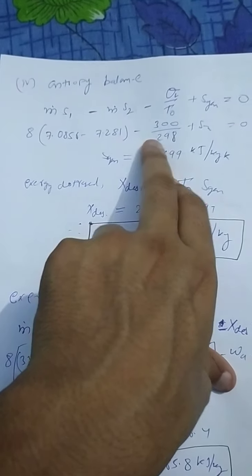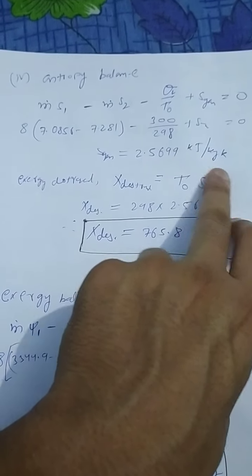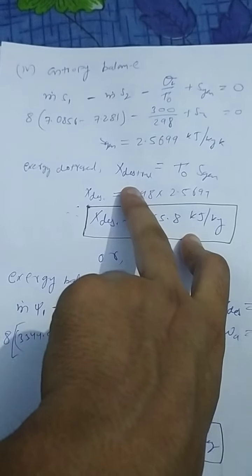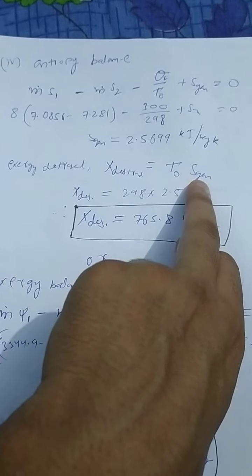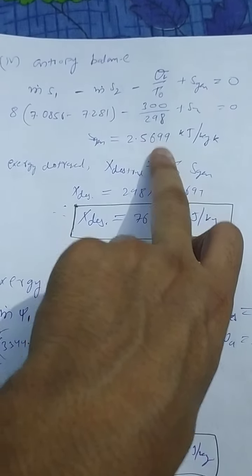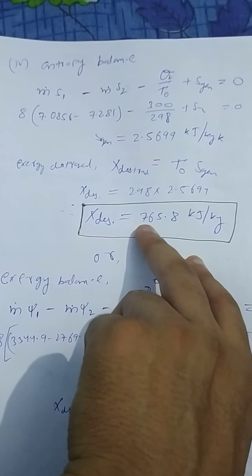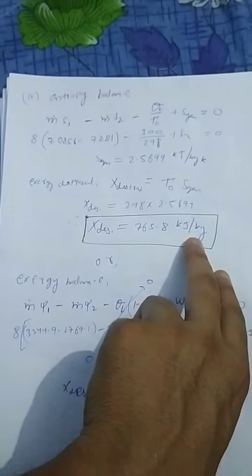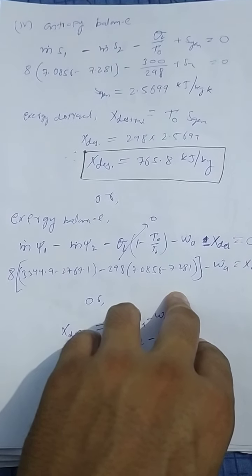Putting all the values in, we get S generation to be 2.5699 kilojoule per kg Kelvin. The exergy destroyed formula is T0 times S generation, where T0 is ambient and S generation we calculated here. So exergy destroyed comes out to be 765.8 kilojoule per kg.